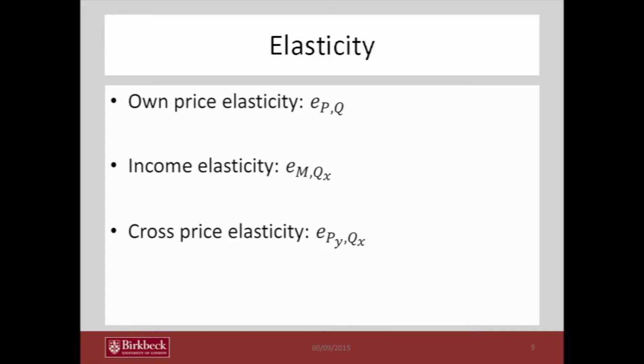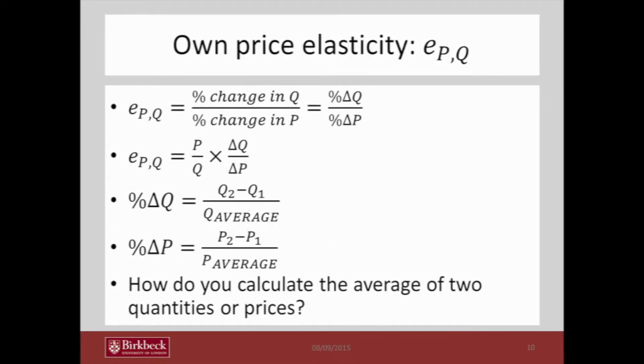Now, as I mentioned at the previous slide, negative numbers come into elasticity quite a bit, so let's see how we can use the negative numbers in elasticity calculations. So there are a few ways of calculating elasticity. The own price elasticity is calculated by the percentage change in quantity divided by the percentage change in price.